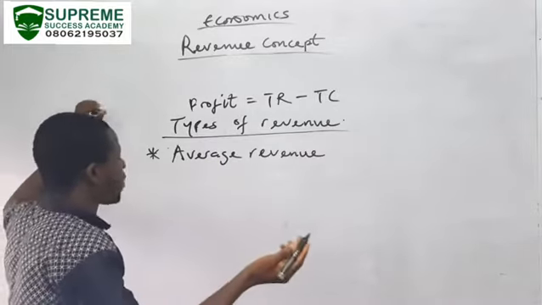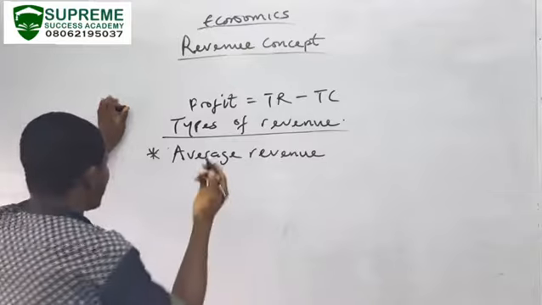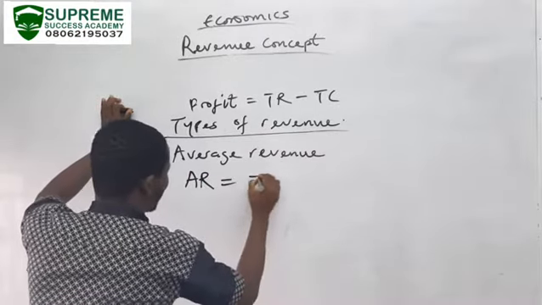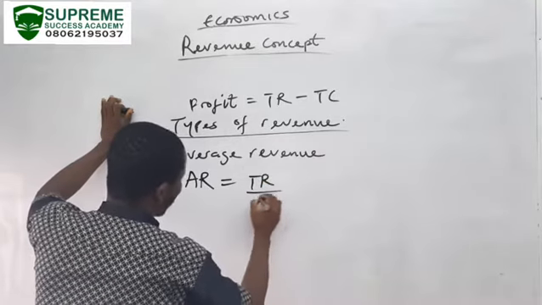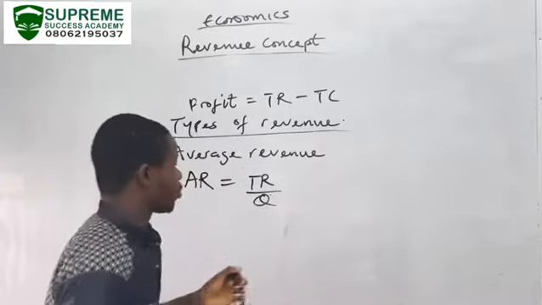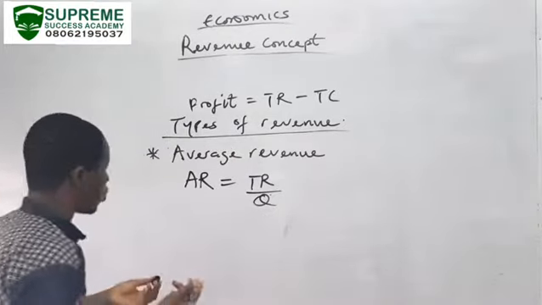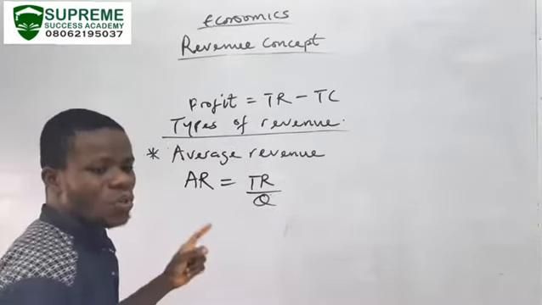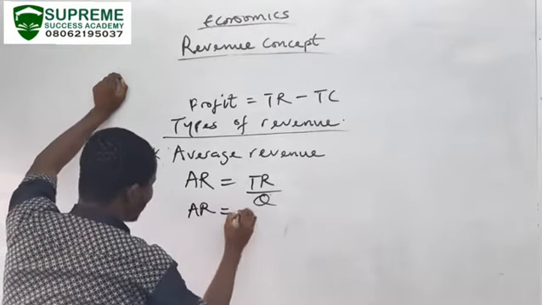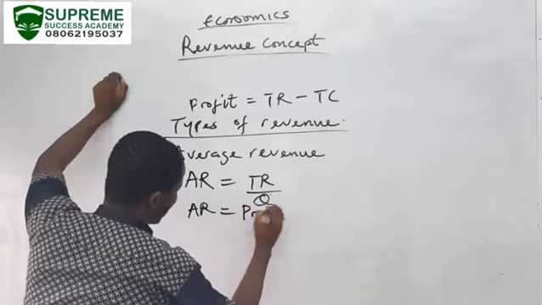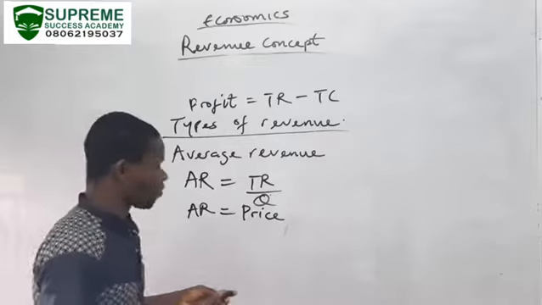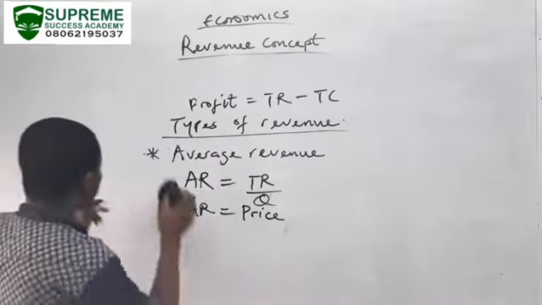The formula for calculating average revenue is very simple. Average revenue is equal to total revenue divided by quantity sold. Let's just use Q to represent quantity sold. At the same time, we can also conclude that average revenue is equal to price, but not in all situations.